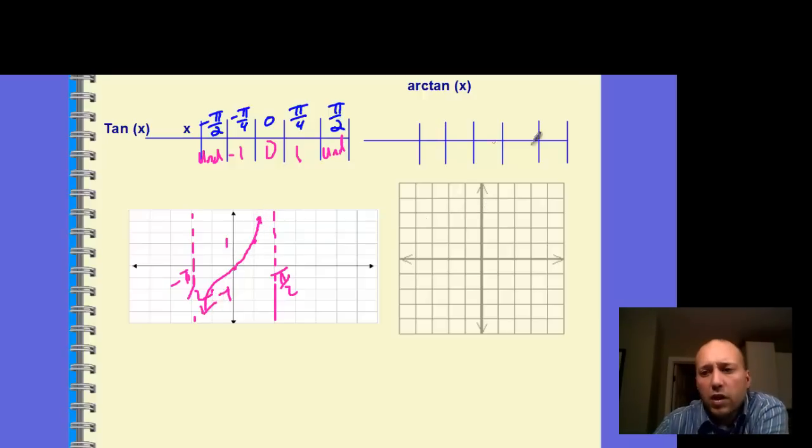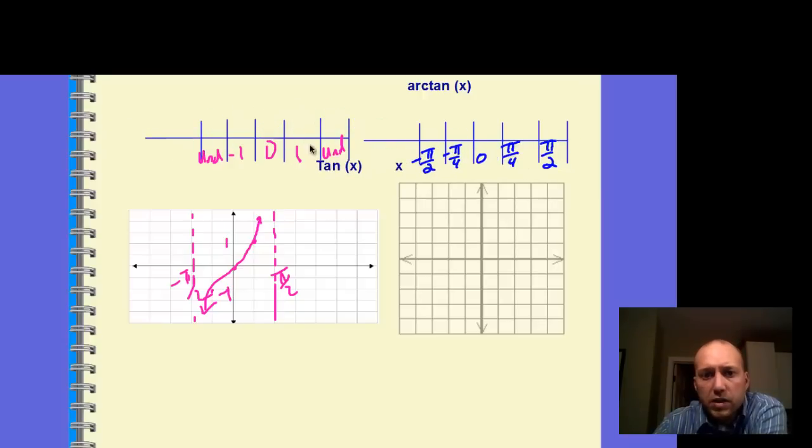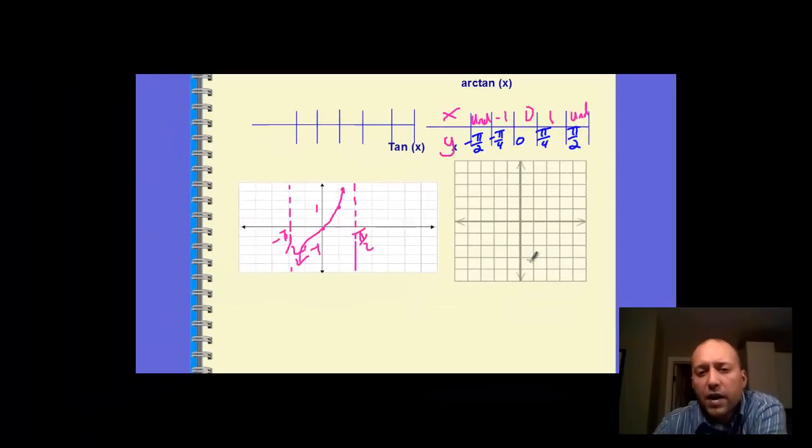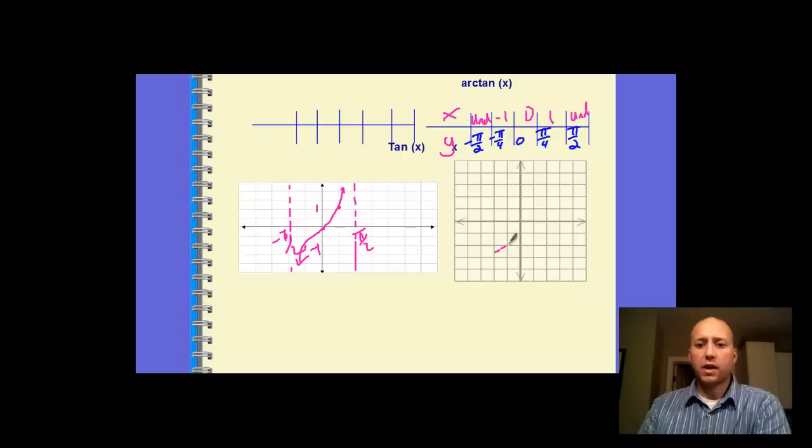But then when we sketch it over here, we still switch the x and the y. So these become our x values, these become our y values. And so now we have horizontal asymptotes. So we have negative pi halves to pi halves. If I plot that, at negative 1, we're at negative pi fourths.